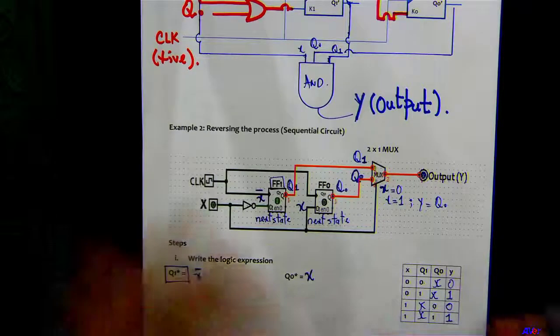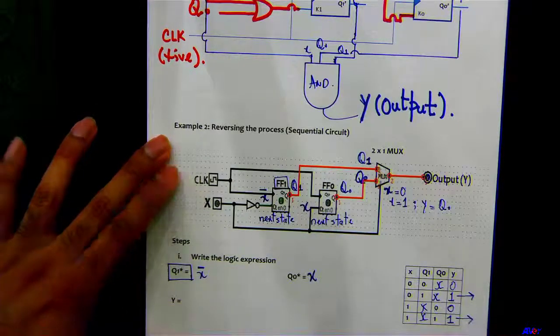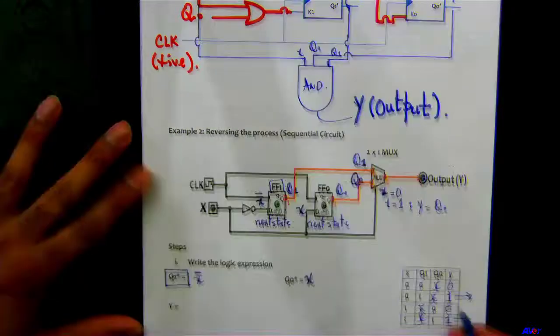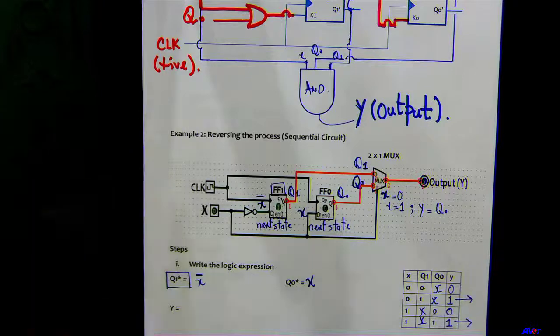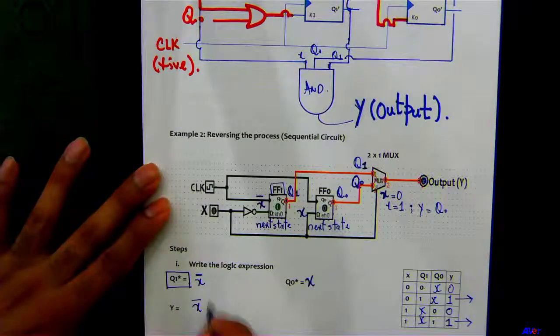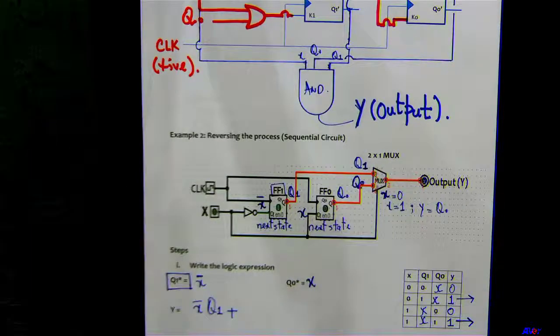Okay, so we have two main terms here. This one and this one. Okay, so what is going to be the expression here, folks? What is going to be the expression for this one? Yes. X bar Q1, right? X bar Q1 plus, what about this one right here?